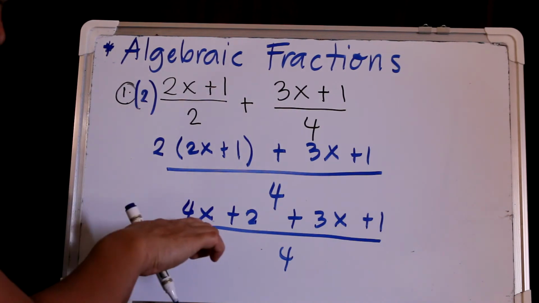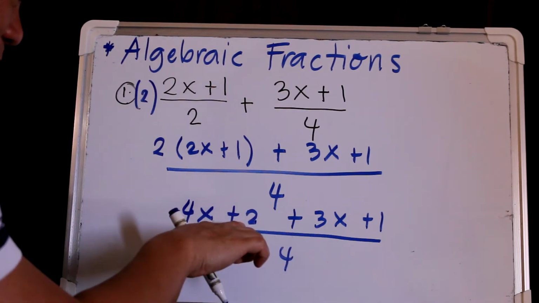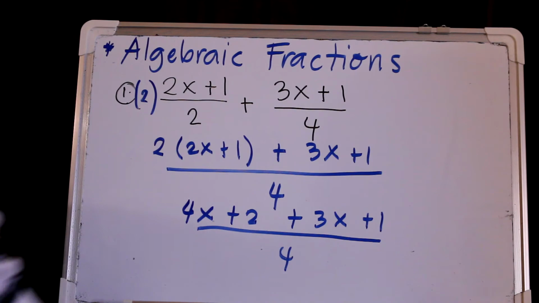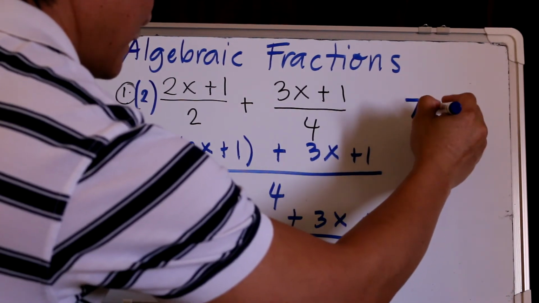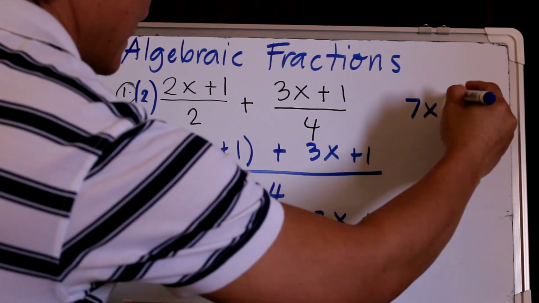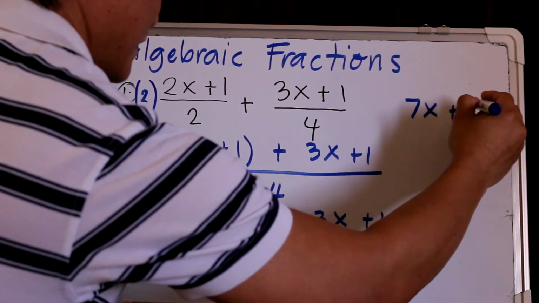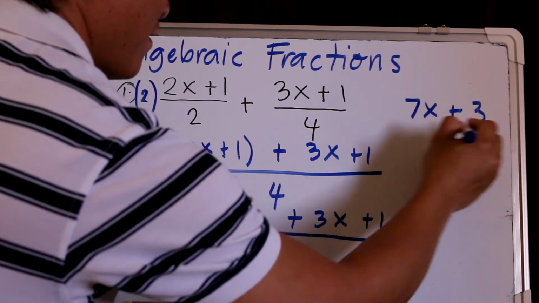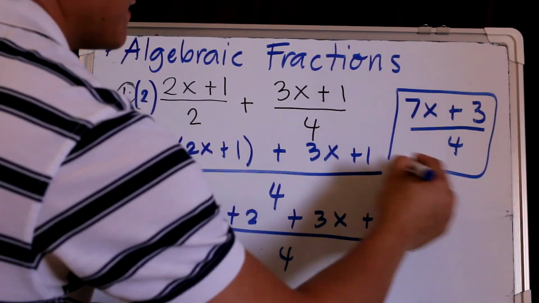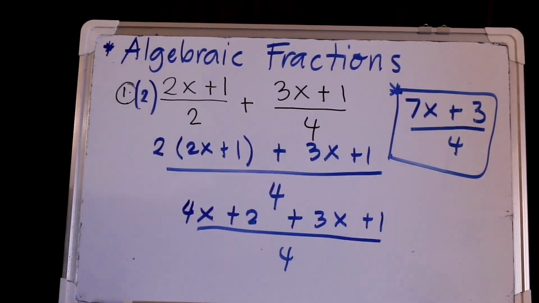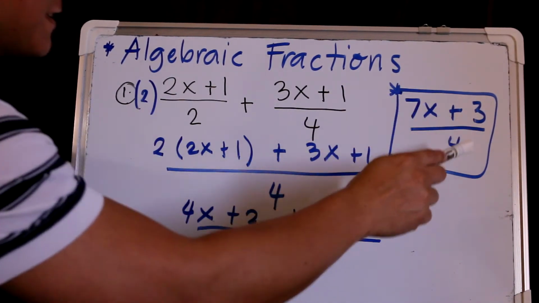Now 4x and 3x will combine, and 2 and 1 will also combine. Our answer here then is 7x plus 3 over 4. So this will be our answer now.